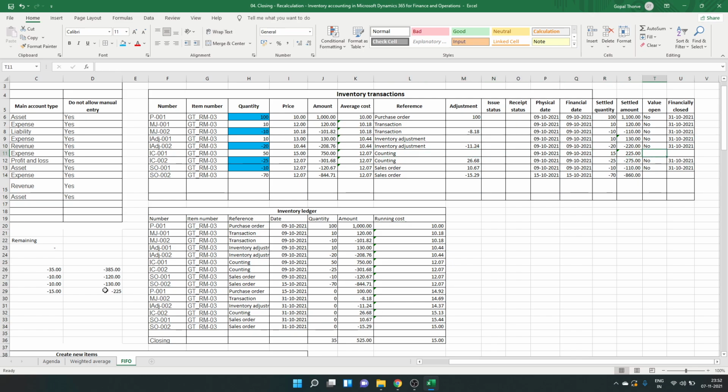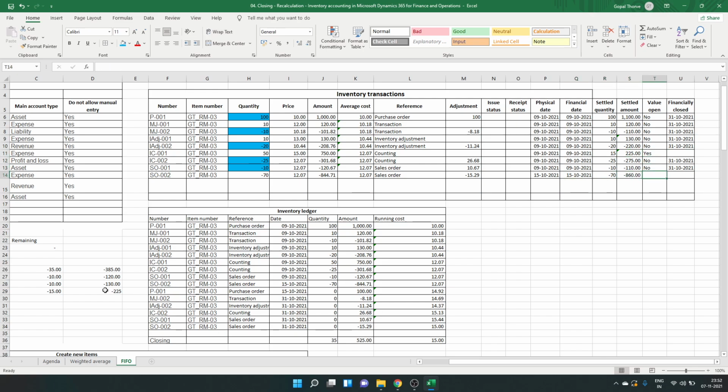Here value open will remain yes, because both value and quantity are not settled completely. This lot is open, and any further issue transactions which will happen in future will be settled first from this particular transaction. So here there will be no financially closed date in this case.